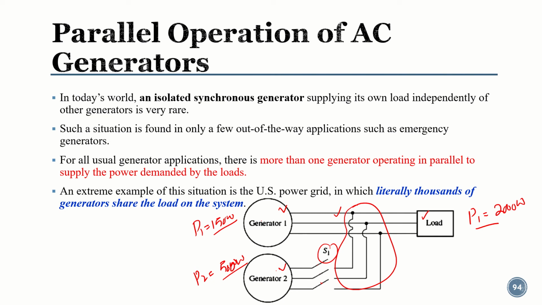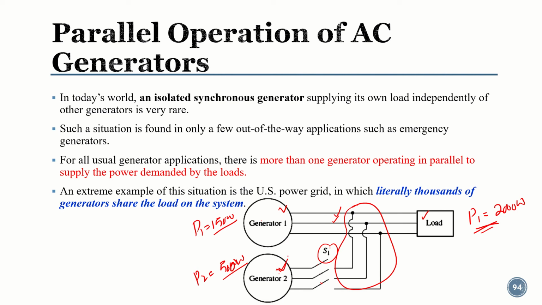But there is a fixed mechanism, there are rules which we should comply with before attaching the new generator to the existing system. What are these rules? We will look at them now. Basically there are multiple advantages, like you can meet more load requirements with parallel generators.